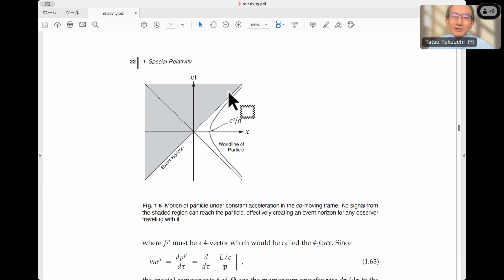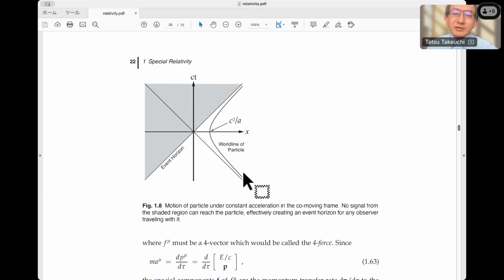So this region on the space-time diagram is beyond an event horizon, because if you're an observer following this path, you can never have any access to it. A black hole is basically something like this. You can have light coming out from a black hole, but it's never going to reach you, and it never comes out of the event horizon.